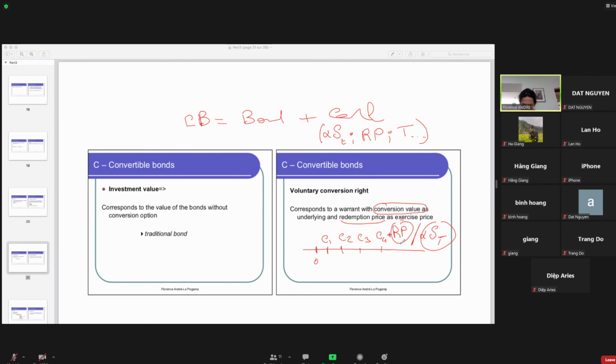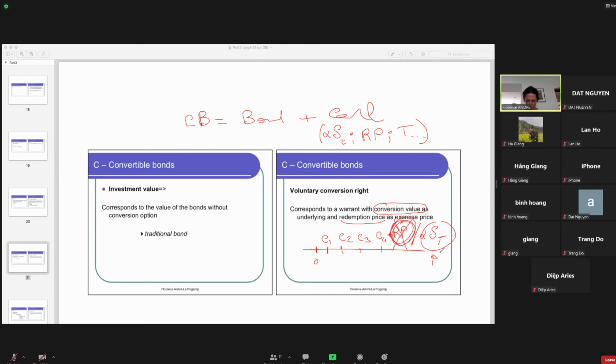In this case, the company doesn't have to pay the cash redemption price, but we will have a new equity issue. On the opposite, if the investor decides to ask for the redemption price, the company will have to pay it, and we won't have a new equity issue. Do you understand? Yes?